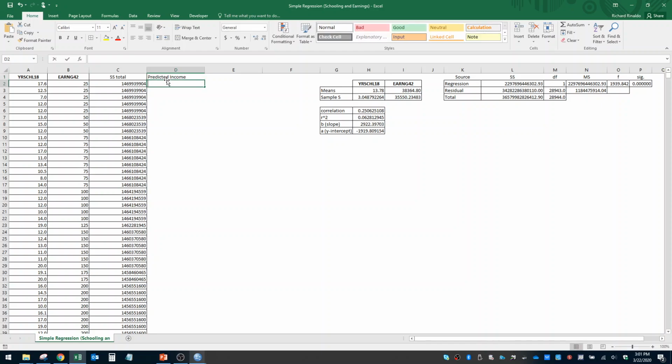And that is equal to the y-intercept plus the slope function times the years of schooling. And I will calculate that for everybody.